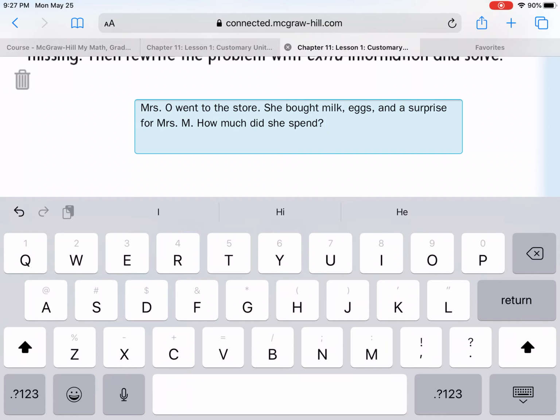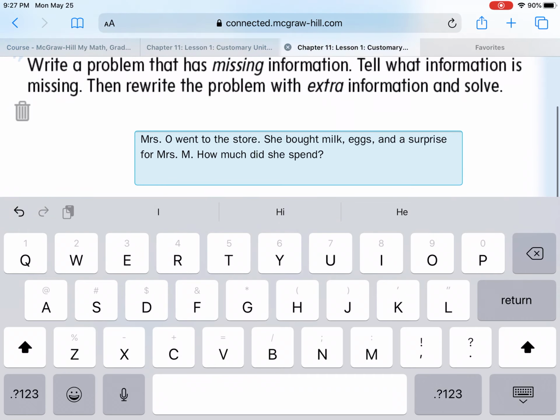Okay, so that's a problem with missing information. It tells me what she bought, but it doesn't tell me anything about how much it costs. So let's say this.